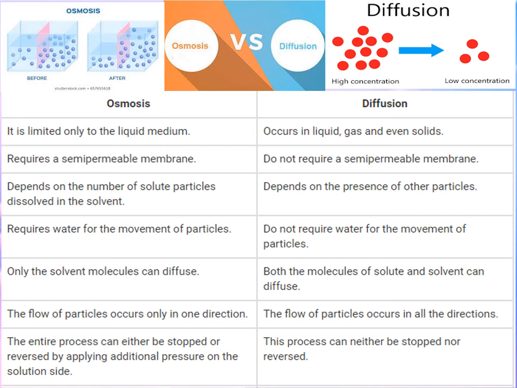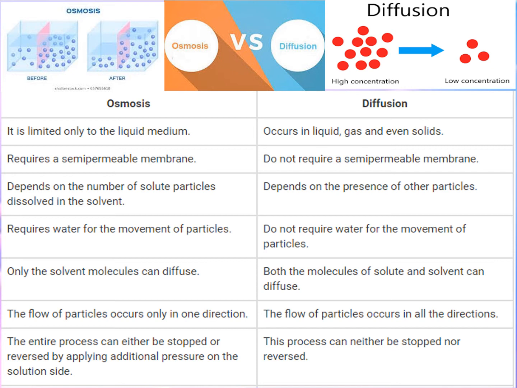Osmosis depends on the number of solute particles dissolved in solvent, but diffusion depends on the presence of other particles. Osmosis requires water for the movement of particles, but diffusion does not require water for the movement of particles.